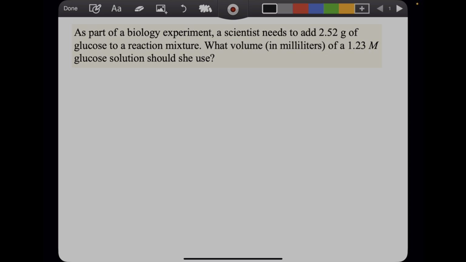And in order to do that, we need to first see what type of information we're given, right? And we are given first up the mass of glucose that she needs to add. So she has 2.52 grams of glucose, or we could write it in the formula form, which I'd rather do.